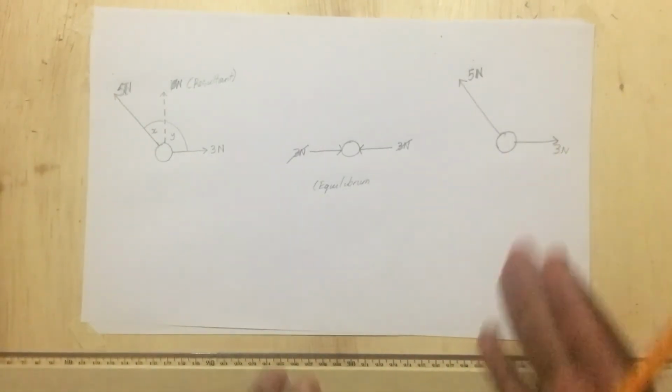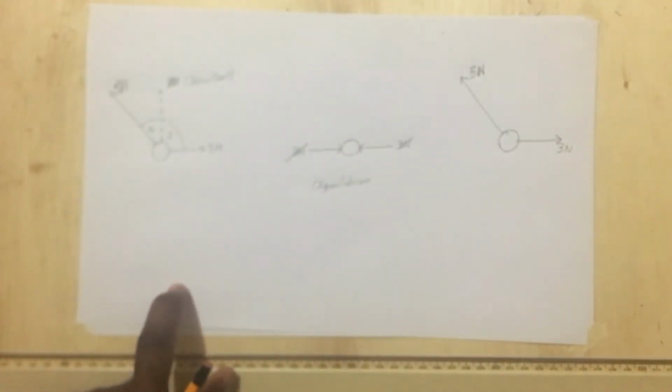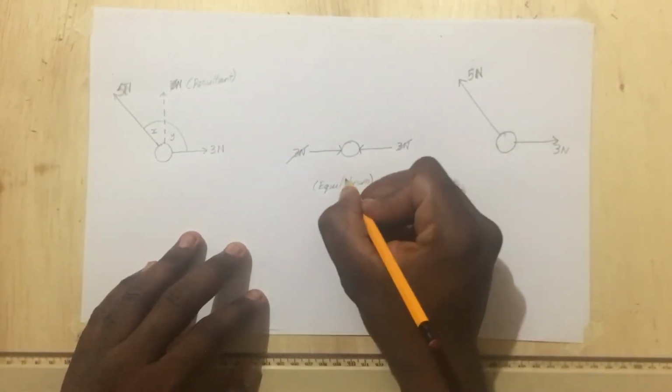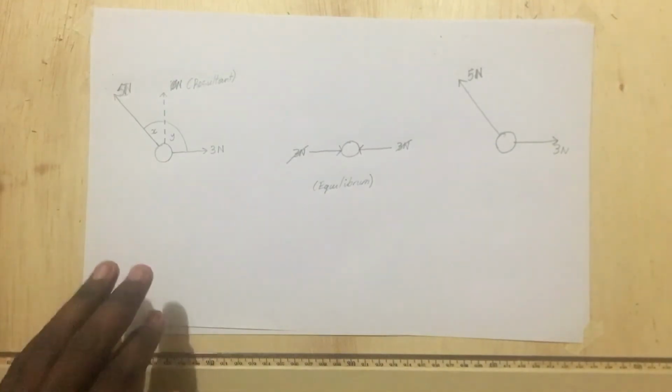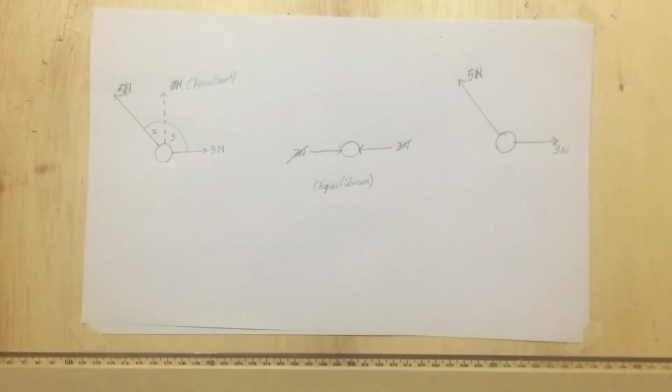Now, if this body is supposed to be like this body, a new force will have to be applied, a third force. This third force has to be opposite in direction to the resultant force, but has to be of the same magnitude of this resultant force.